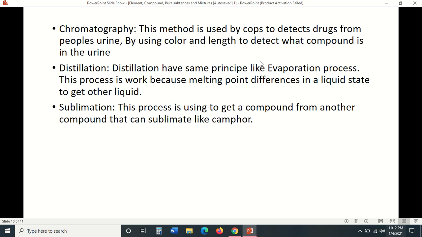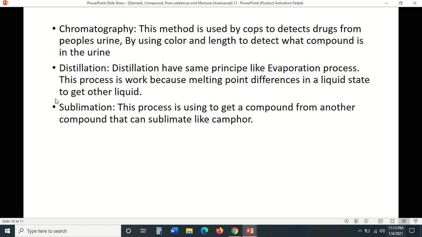It becomes very hard. We cannot evaporate it, but we can distill it. We can get the compound that we want to use. Distillation is hard to explain, so I will just skip how it works.